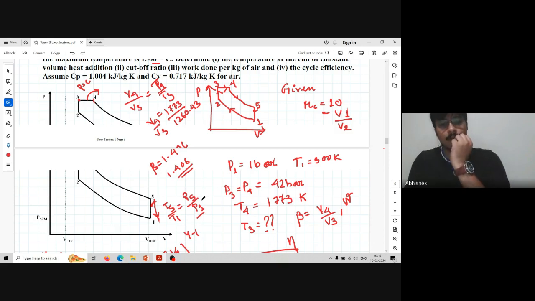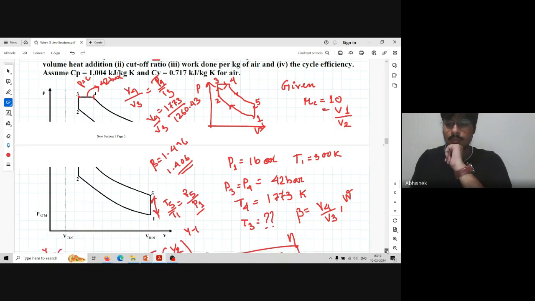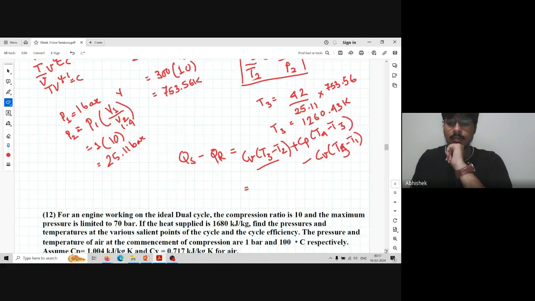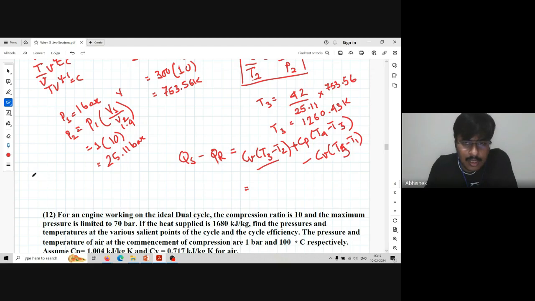Do you have P5? No, sir. So how to calculate P5? You tell me. You know the pressure here. It is 42 bar. You just need to have what is V4 by V5. How much expansion is taking place, and that is very simple because I will tell one simple formula.